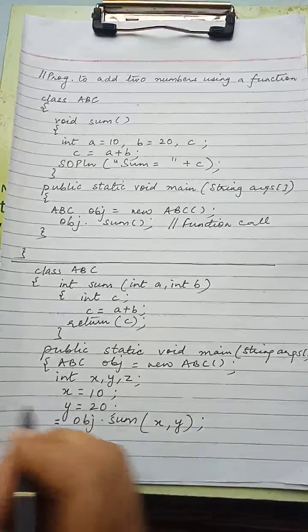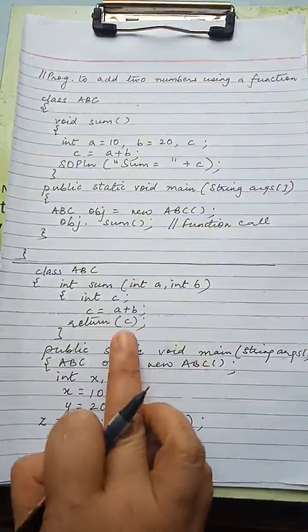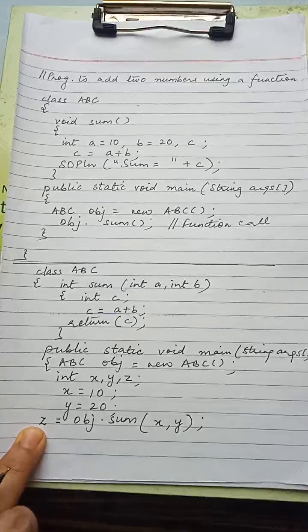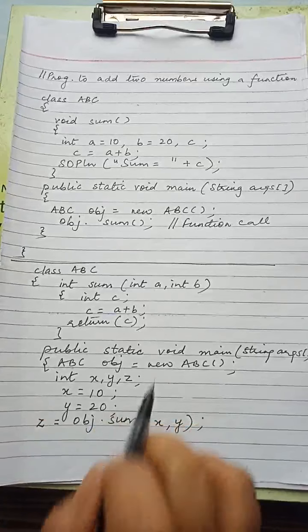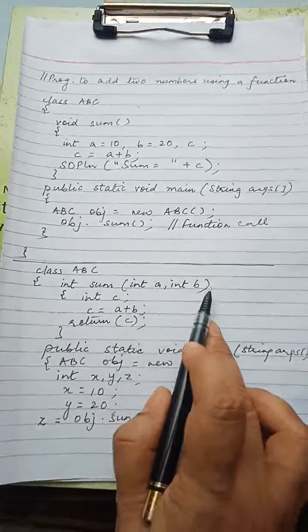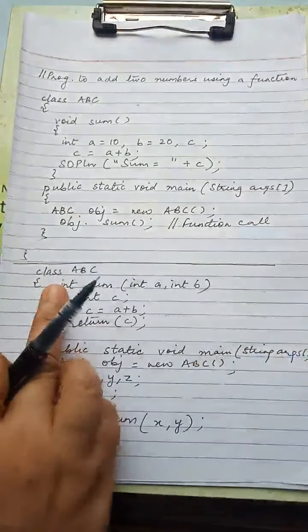So on the left hand side, a variable should be written here. The return value of c will be stored in z. This is how a function call statement will look when the user defined function has parameters and a return type. See, it is not necessary that both these things should happen at the same time.